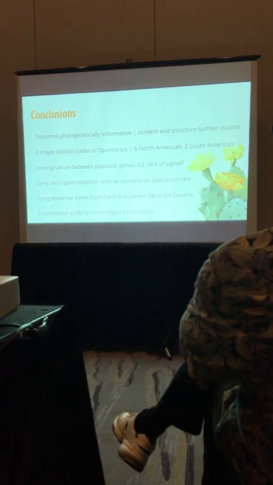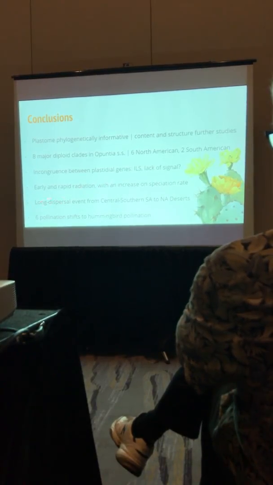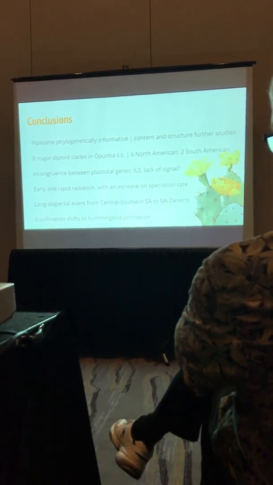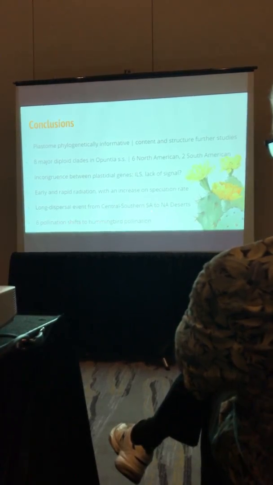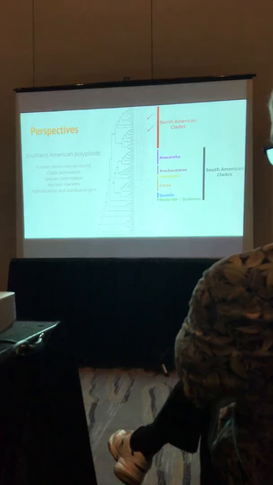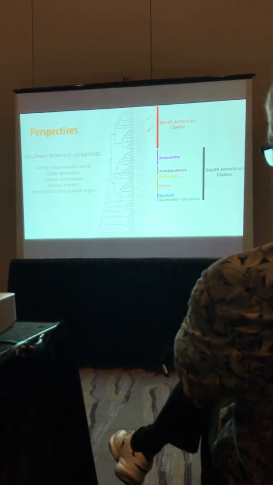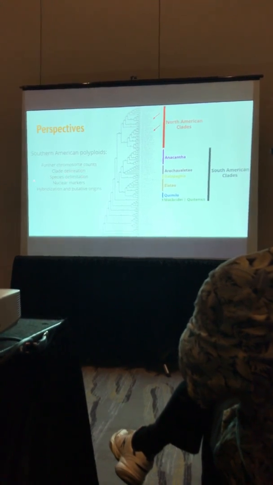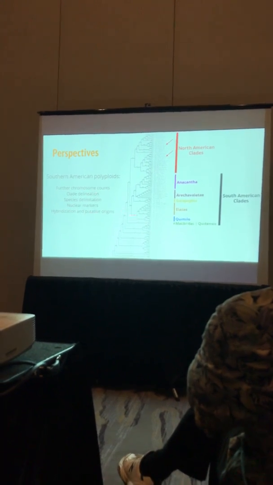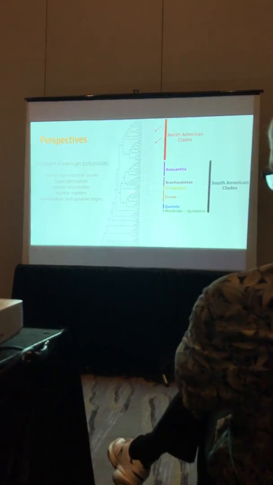Early and rapid radiation, with an increase in speciation rate in a short period of time. A long-distance dispersal event from Central South America to North American deserts, and six pollination shifts to hummingbird pollination. As perspectives, we have not been focusing on the South American clades. We have further chromosome counts to do, clade delineation, and species delimitation, probably dealing with nuclear markers for species delimitation, and testing hybridization and putative origins.